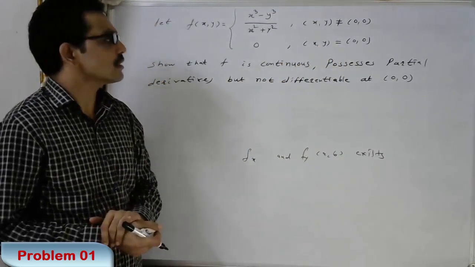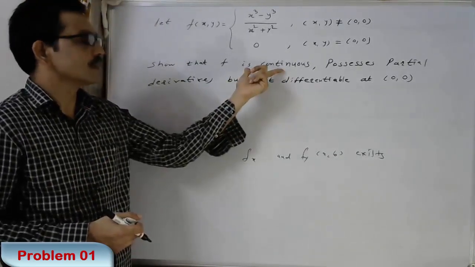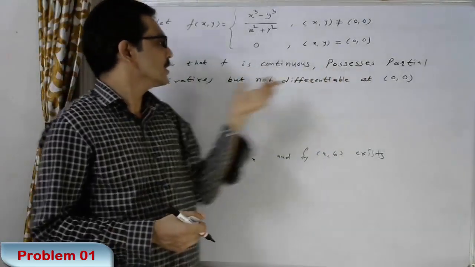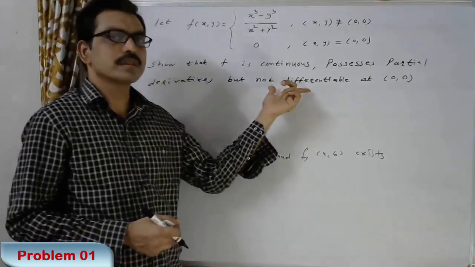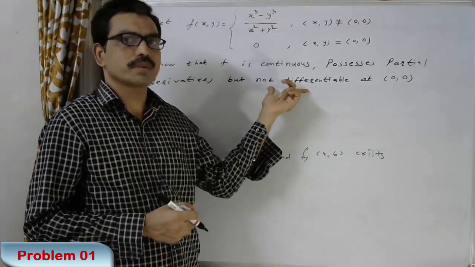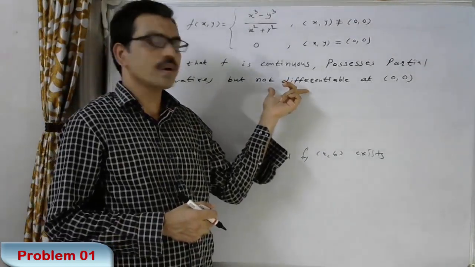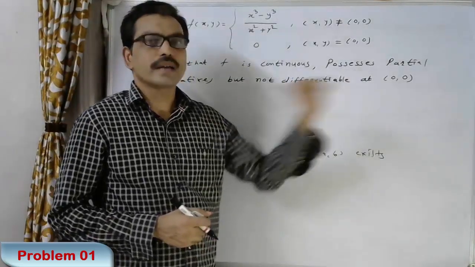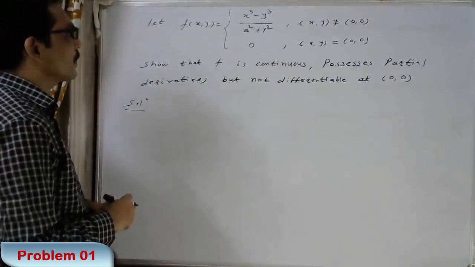That is, the function is continuous and possesses the partial derivatives, but the function f is not differentiable at that point. Now let us see the solution of this problem.